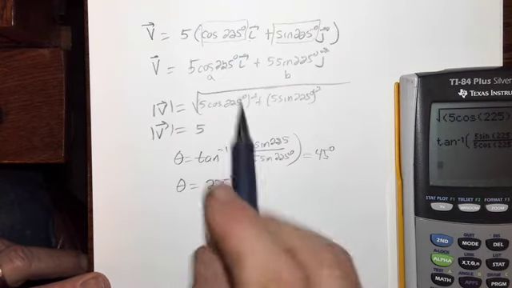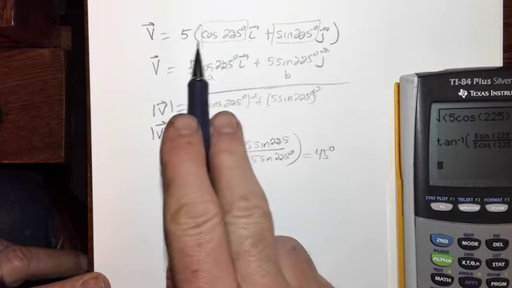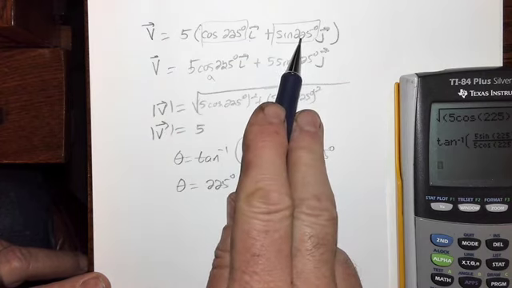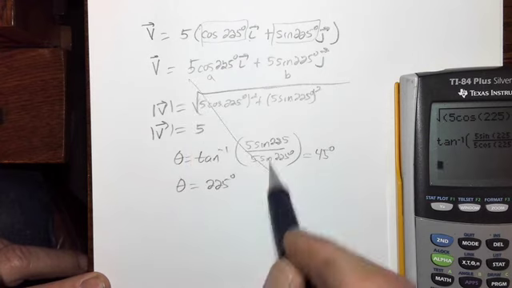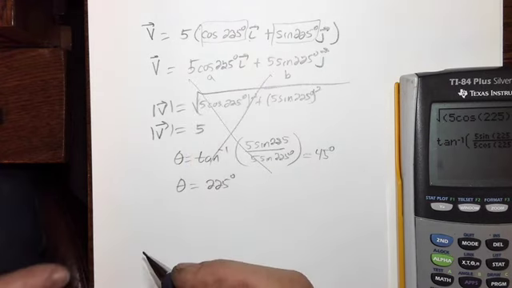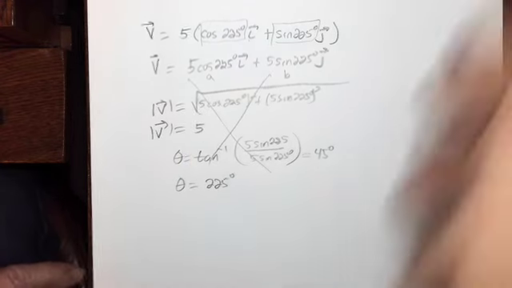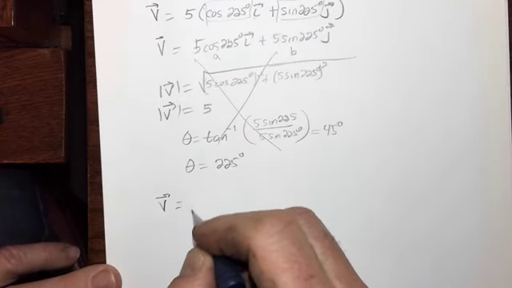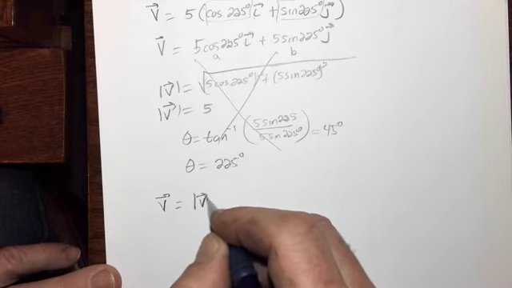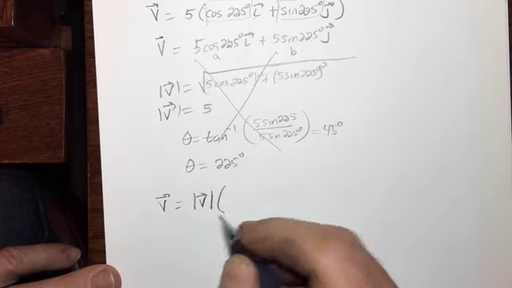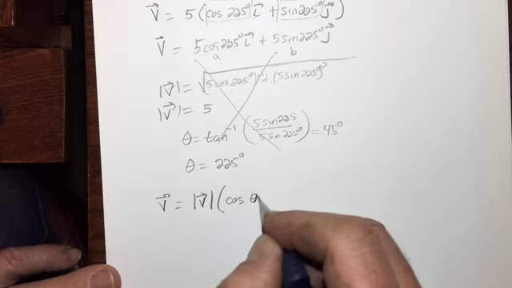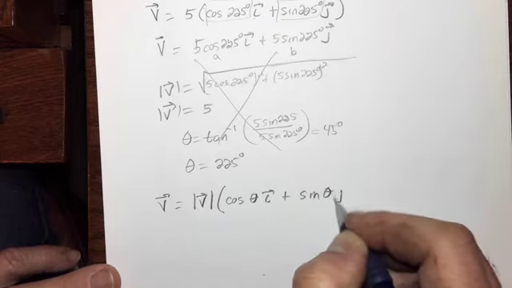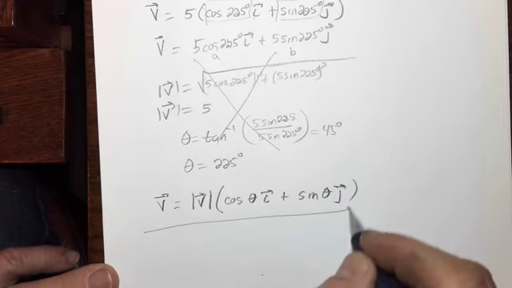Now look at the shortcut. Look what we ended up getting. This was the magnitude when it was written like this, and this was the direction angle. So we don't have to do all of this. I just wanted to show you how you would do it if you worked it all the way out. But if a vector is written as the magnitude of v times the cosine of theta i plus the sine of theta j, there's a formula.